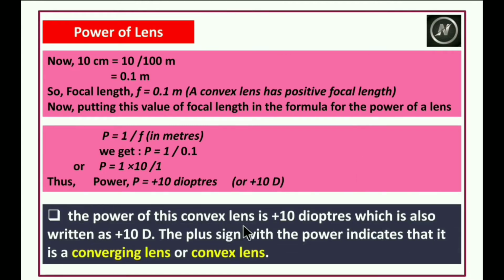The power of this convex lens is plus 10 diopter, which is also written as plus 10 D. The plus sign with the power indicates that it is a converging lens or convex lens.